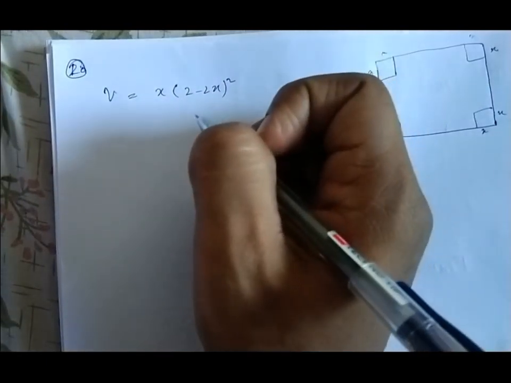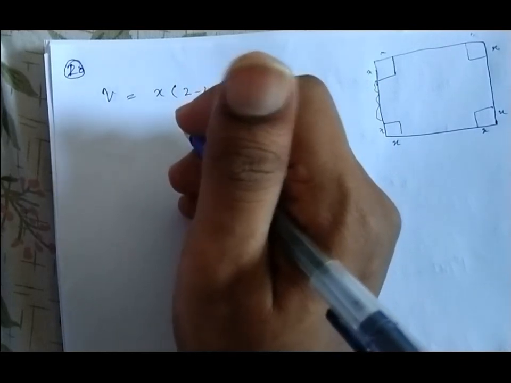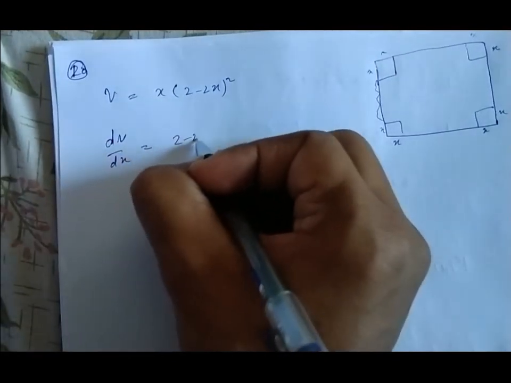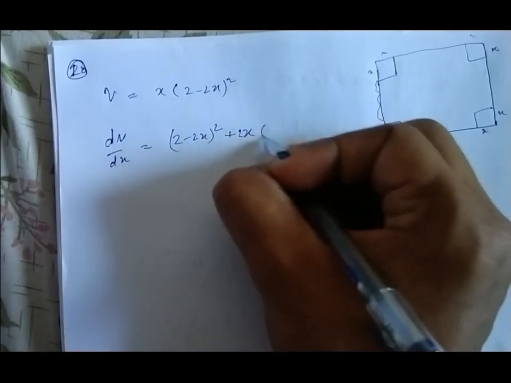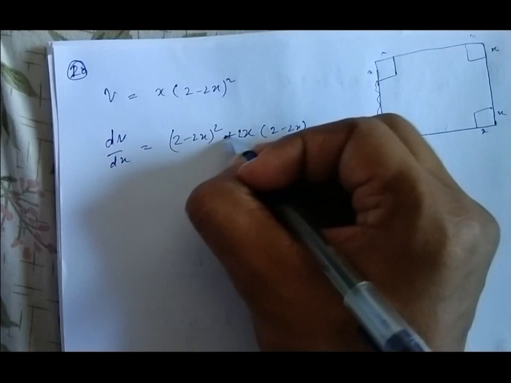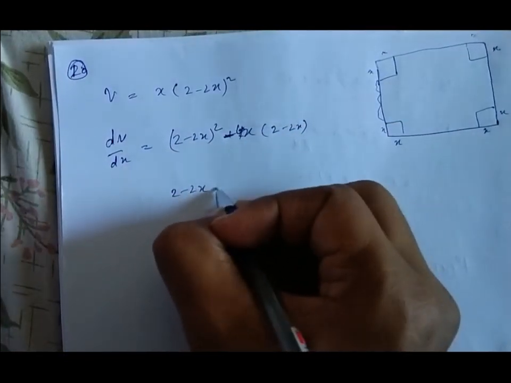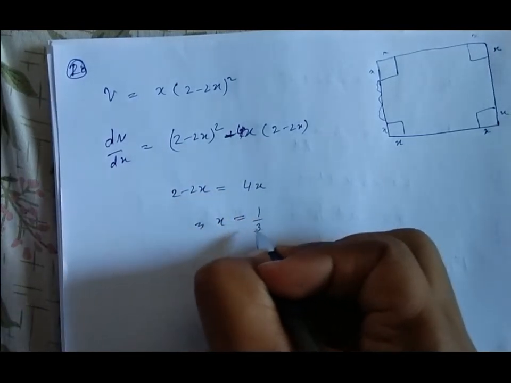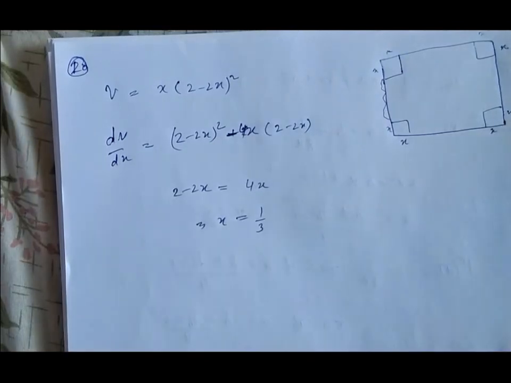So to maximize volume, dV by dx is equal to 0: (2 minus 2x) whole square plus x times 2(2 minus 2x)(minus 2). If this is 0, 2 minus 2x should be equal to 4x. This implies x is equal to 1 by 3. Find the height of the box. So the height of the box would be 1 by 3.